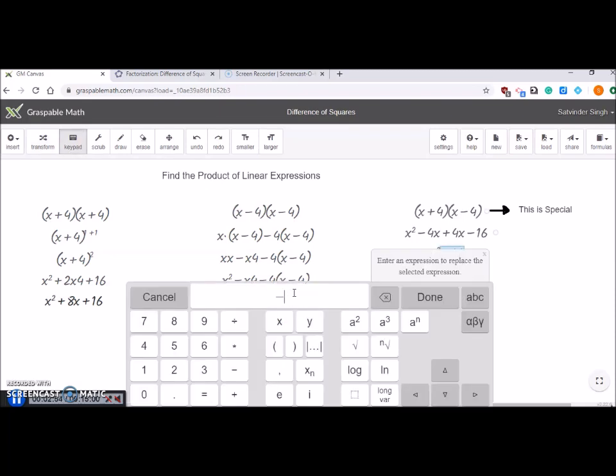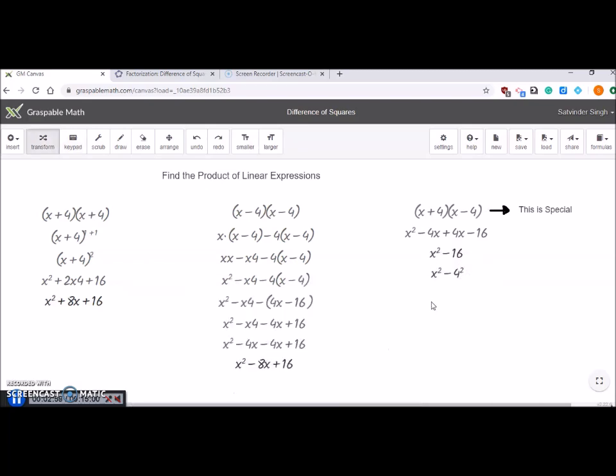So you can see x square minus 4 square in the statement x plus 4, x minus 4. That is the difference of squares, and in that case 4x and negative 4x got cancelled, but in the first and second ones, it wasn't.